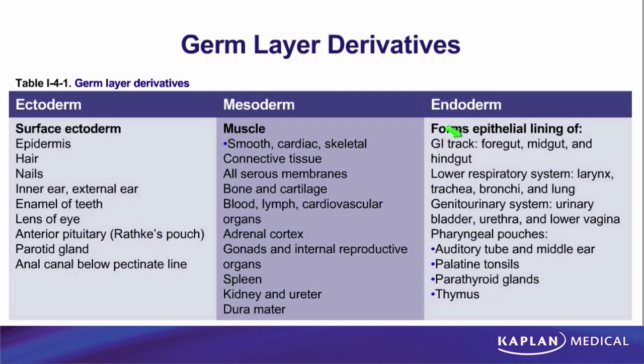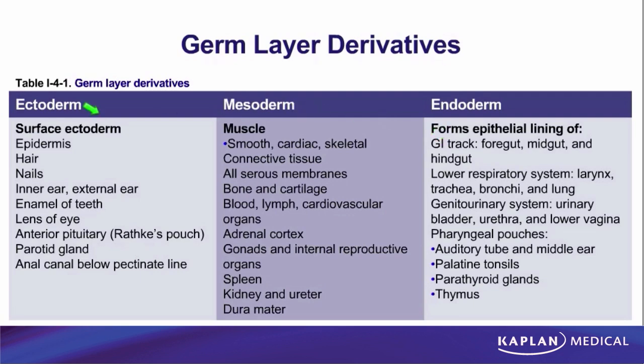So it's not really correct to say that the endoderm gives us the GI tract or the endoderm gives us the respiratory system. It would be correct to say that the endoderm gives us the epithelial lining of the GI tract or the epithelial lining of the respiratory system. But the other components of the GI tract, the smooth muscle, the connective tissue, and so forth, that doesn't come from endoderm. That's going to come from mesoderm. Because endoderm only gives us epithelial cells.